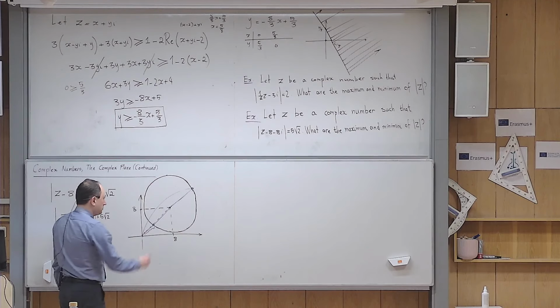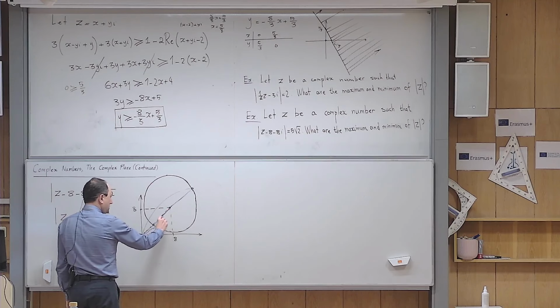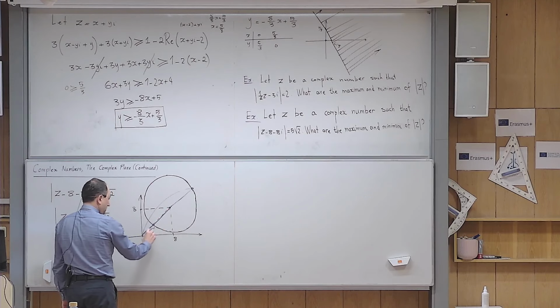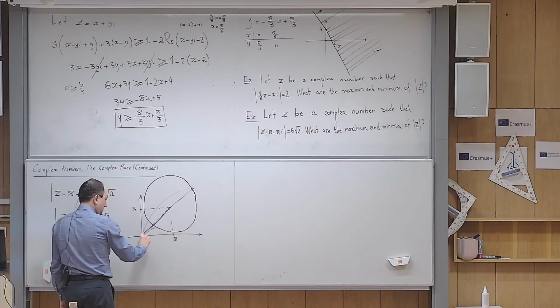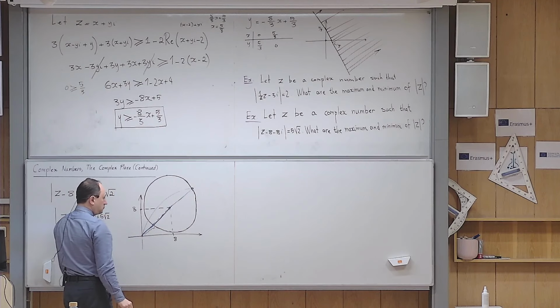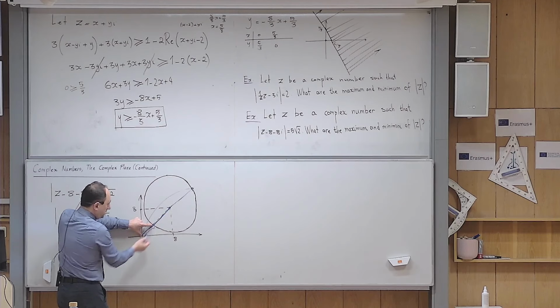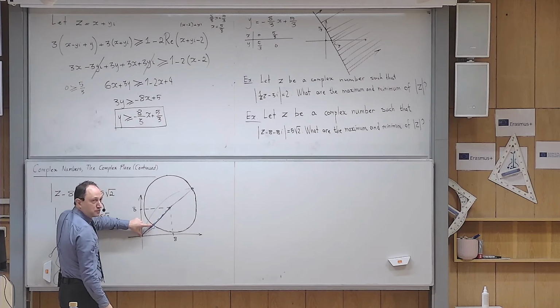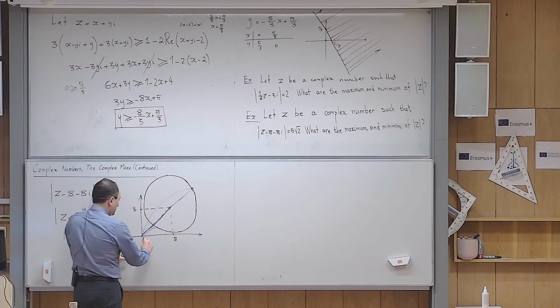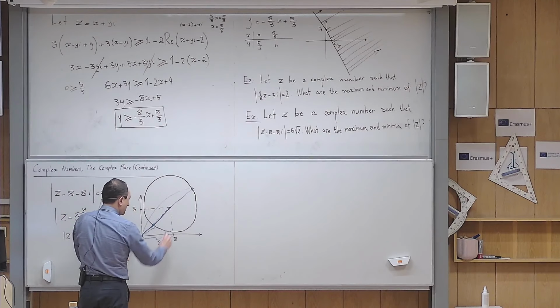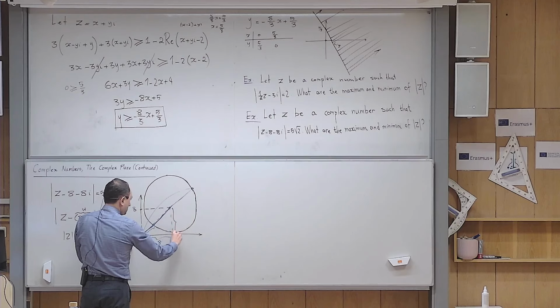But you are right, because if I can measure this distance, more or less I am done. I am interested in this distance, but if I know the bigger distance, because I know this is the radius, I can take it off, then I am left with what I want.